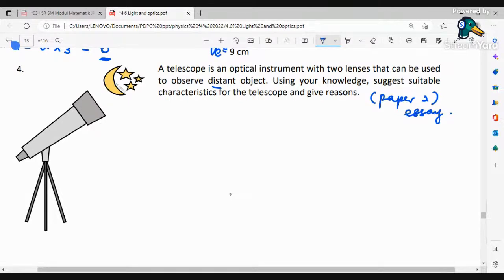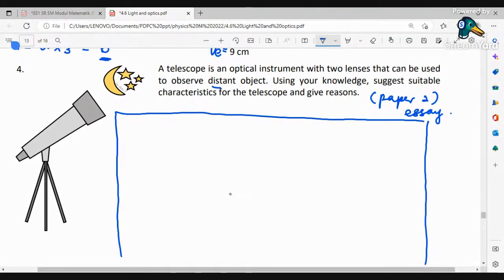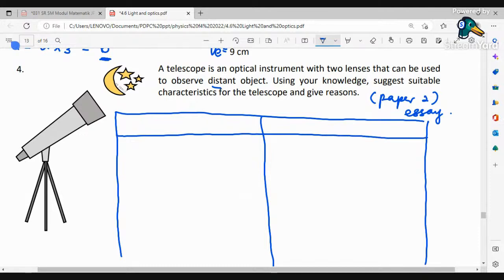The 10 mark one characteristic, you can just make a table. Buat table.